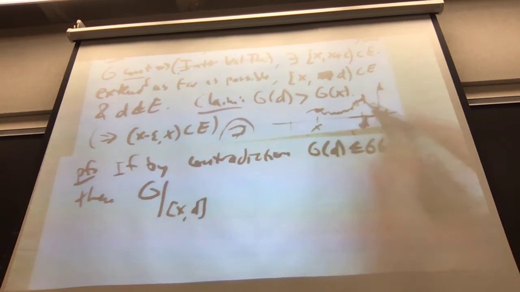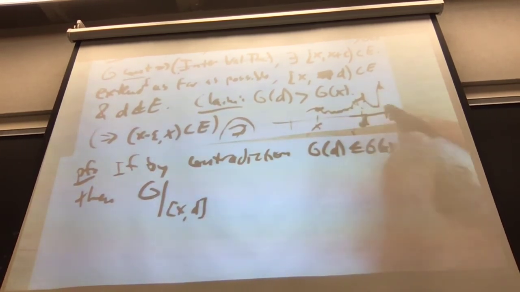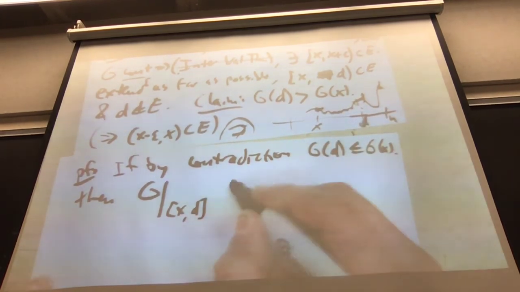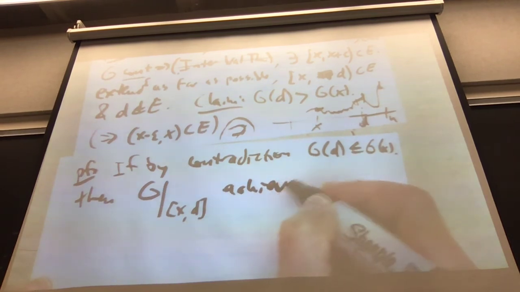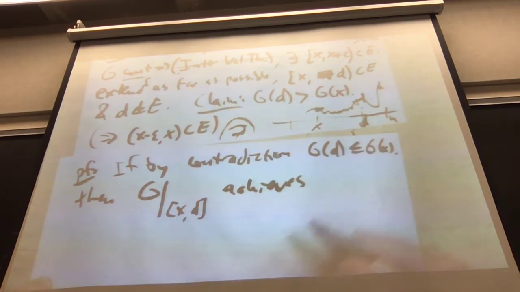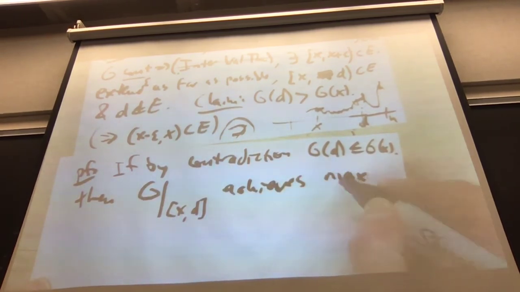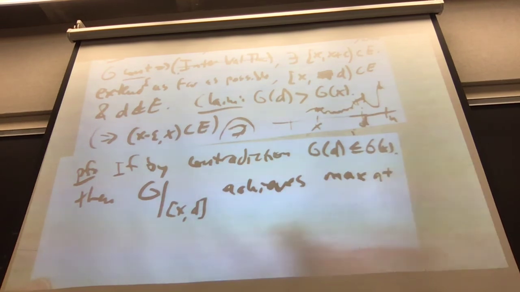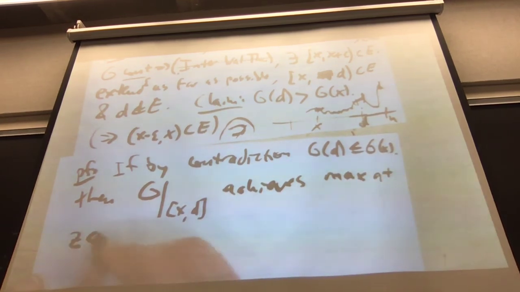Well, d is not bigger than x, so it achieves its maximum somewhere. This is a compact interval, so it achieves a maximum at, let's say, z in x to d.